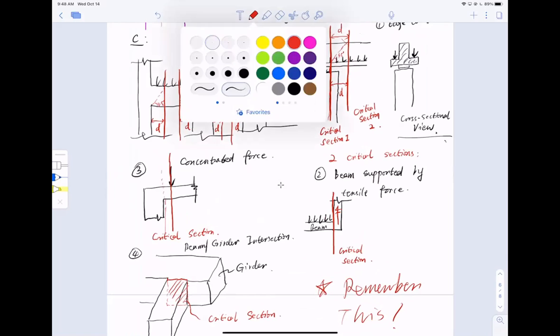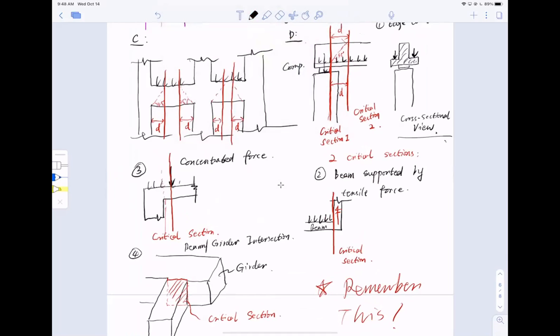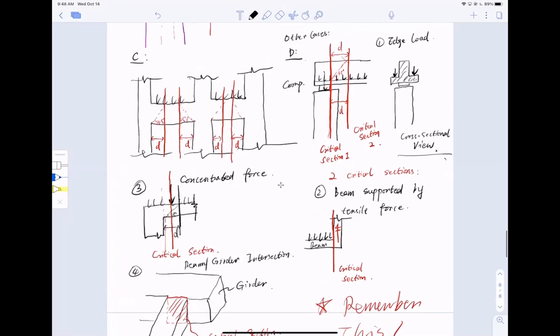But if you have a distributed load, you pick the critical section at the concentrated force, and you also add one at the 45-degree distance d. It's more like a combined scenario. So what this case is telling you is that whenever you have a concentrated force, do a section right there. Just be safe. Got it? Yep. Thank you.